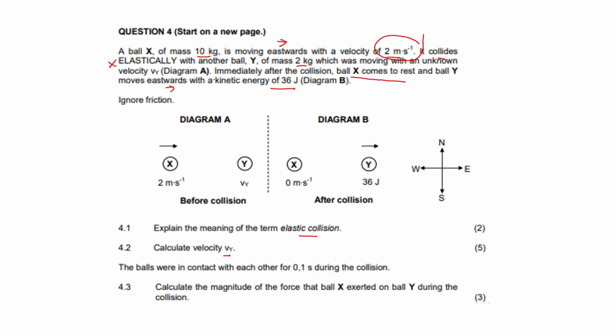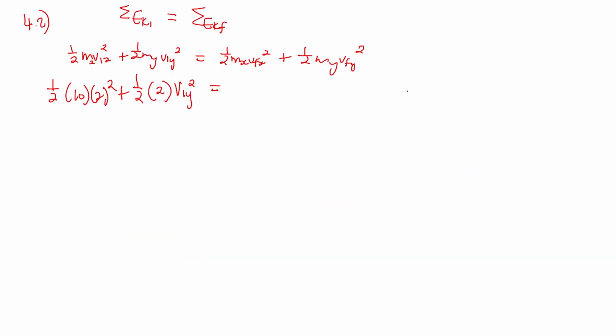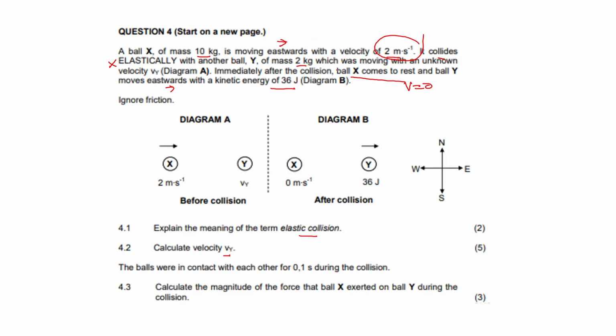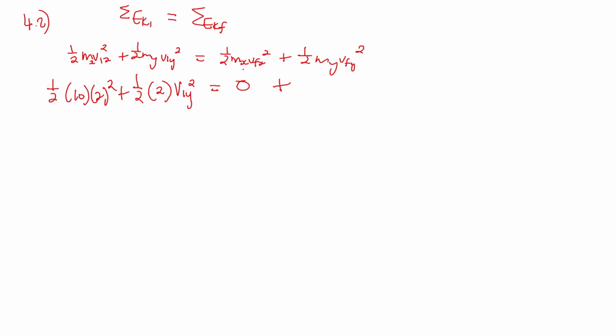Then, remember, the final velocity is when ball X comes to rest. When something comes to rest, that means velocity is 0. Anything multiplied by 0 will be 0, so this whole little part of the equation will be 0. Then this is the kinetic energy calculation, right? And they tell us that the kinetic energy after the collision is 36 joules for ball Y. So I can literally just write 36 because that is the formula.